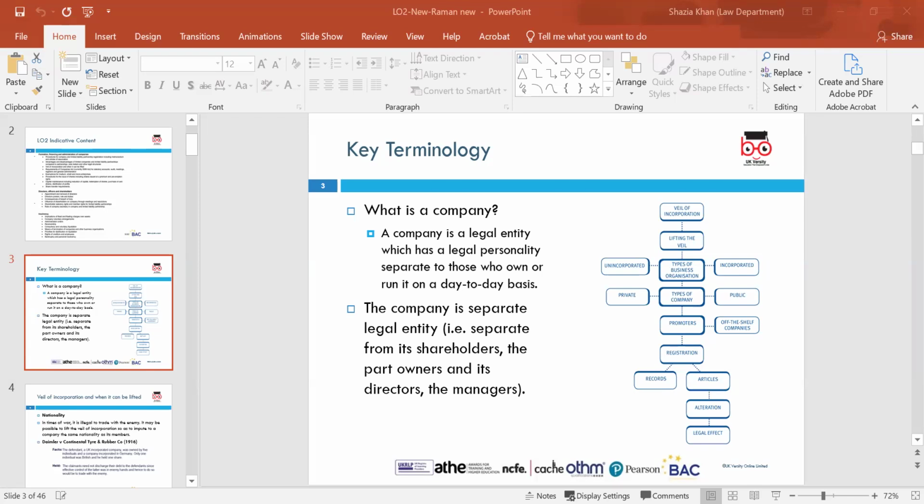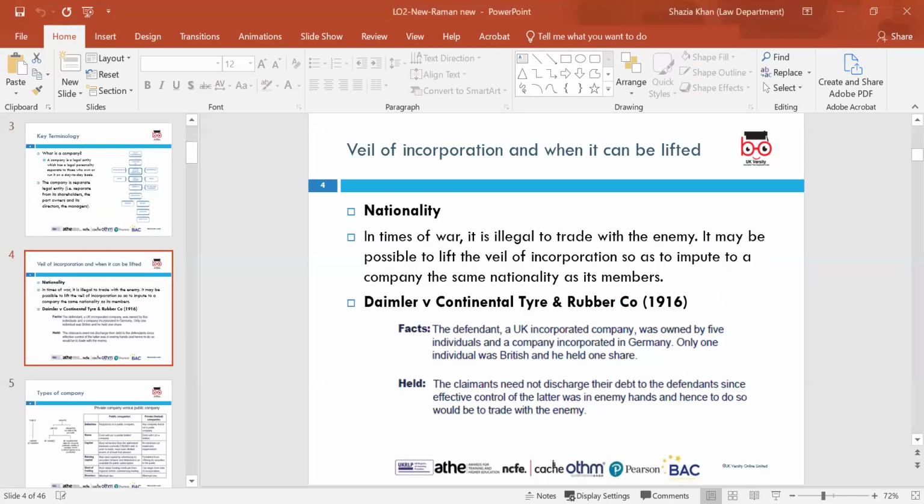A company, as we mentioned, is a legal entity separate from its shareholders, part owners, directors and managers, so it's separate to them. This gives rise to the veil of incorporation, or the corporate veil.